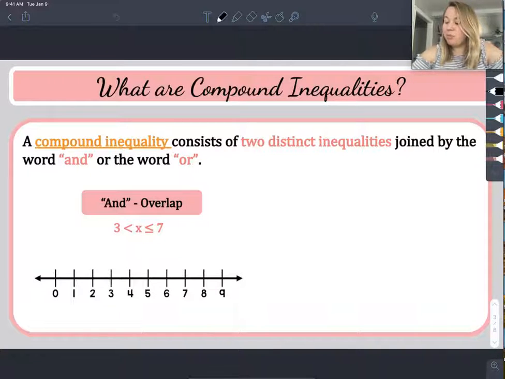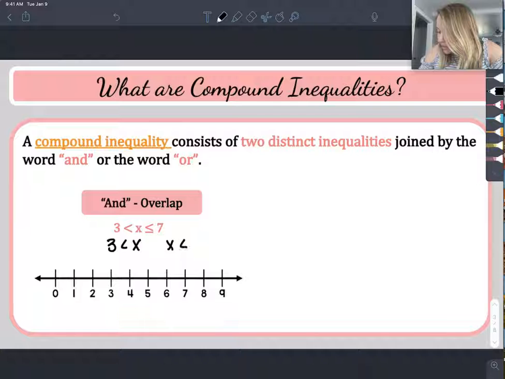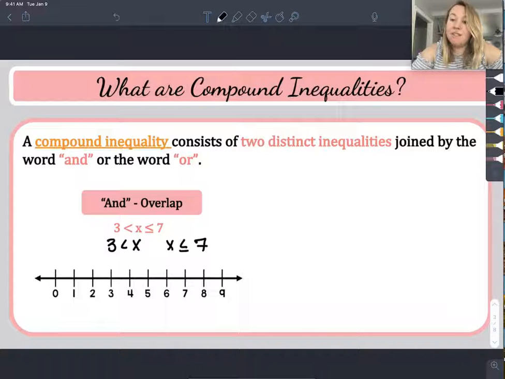If I was to break apart my 3 is less than x less than or equal to 7, I would get these two inequalities. We would get 3 is less than x, and we would get x is less than or equal to 7. So when we have an and compound inequality, we're going to look at the graphs of both of these, but only their overlap.